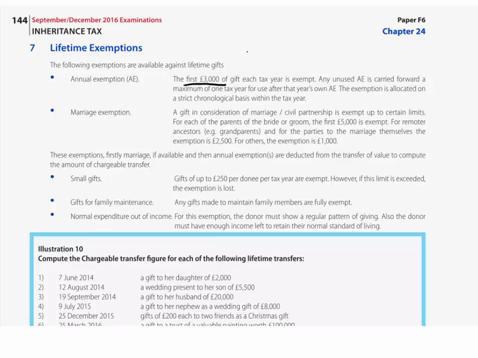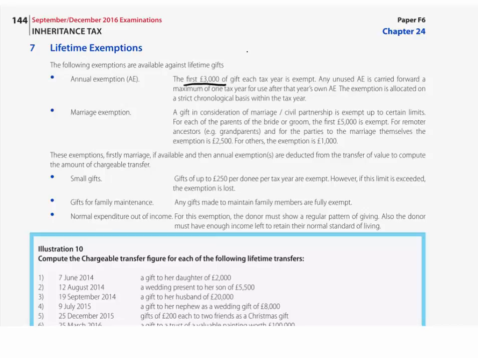Usually, like with the annual exempt amount for CGT, like with the personal allowance in income tax, the deductions are available for a tax year, but on a basis of use it or lose it. So if you don't use it, like you don't have any capital gains in a tax year, so you don't use your AEA, your annual exempt amount, then tough.